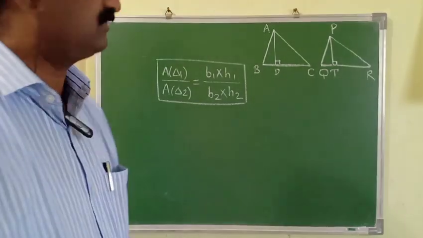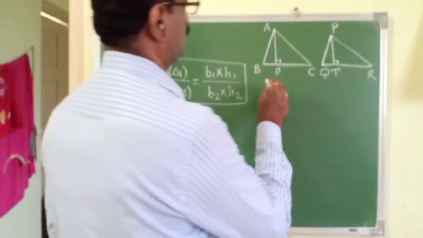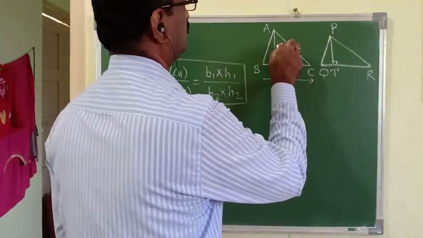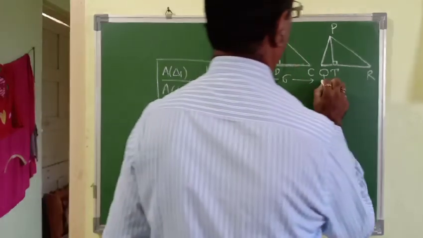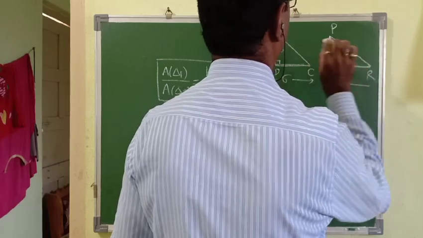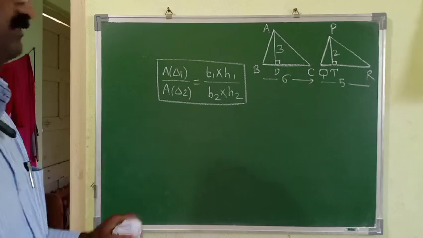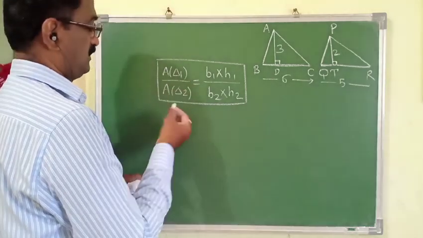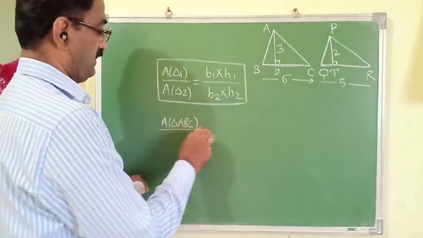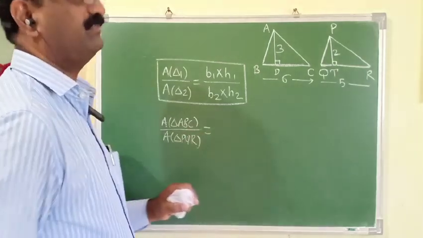So how can we use this in the problem? Suppose we have the two triangles. In triangle ABC, the base is given 6 centimeter, height is given 3 centimeter. Here the base is 5 centimeter, height is 2 centimeter. And then say find out the ratio of their areas. So area of triangle ABC upon area of triangle PQR is equal to, substitute the values.